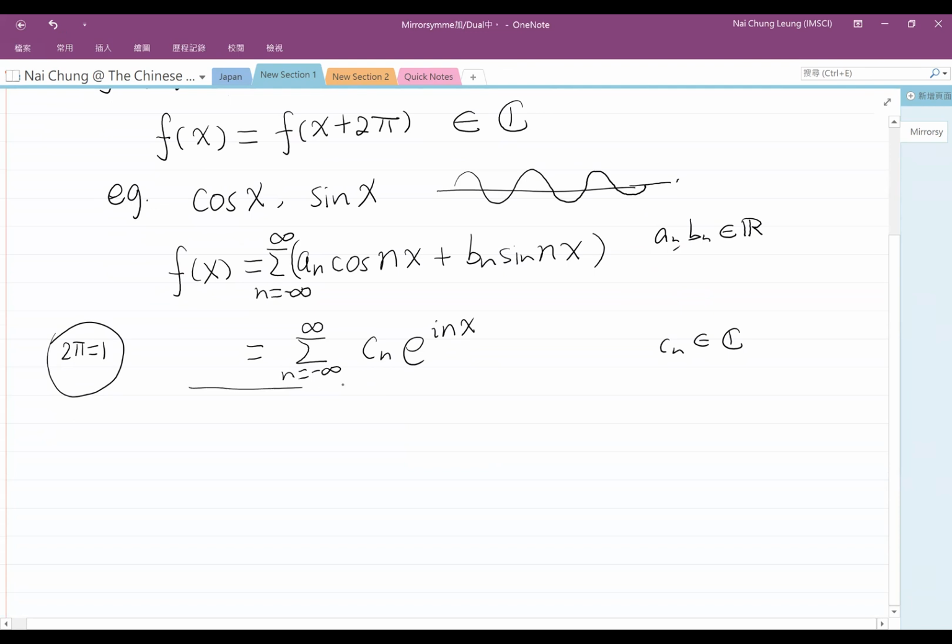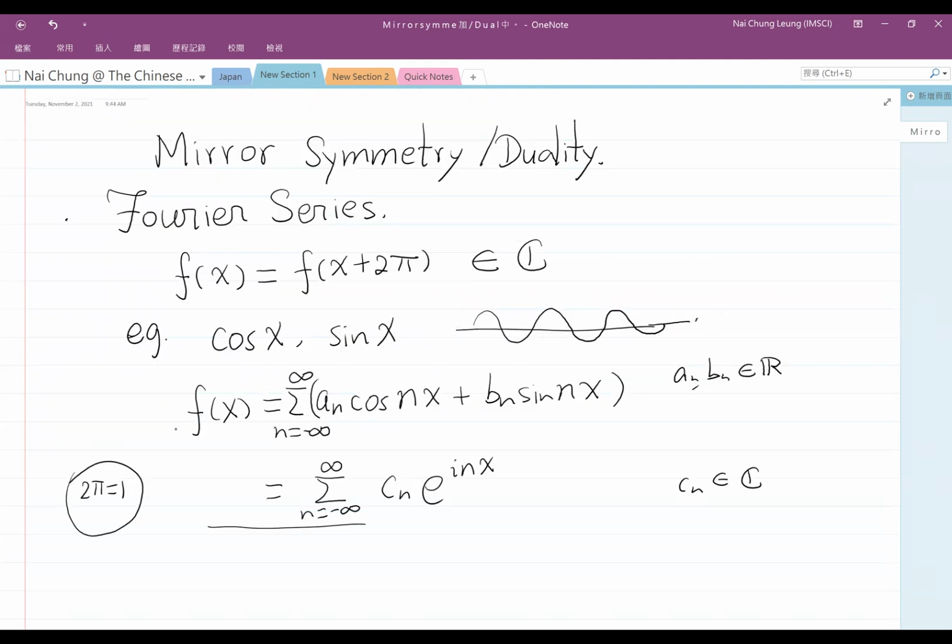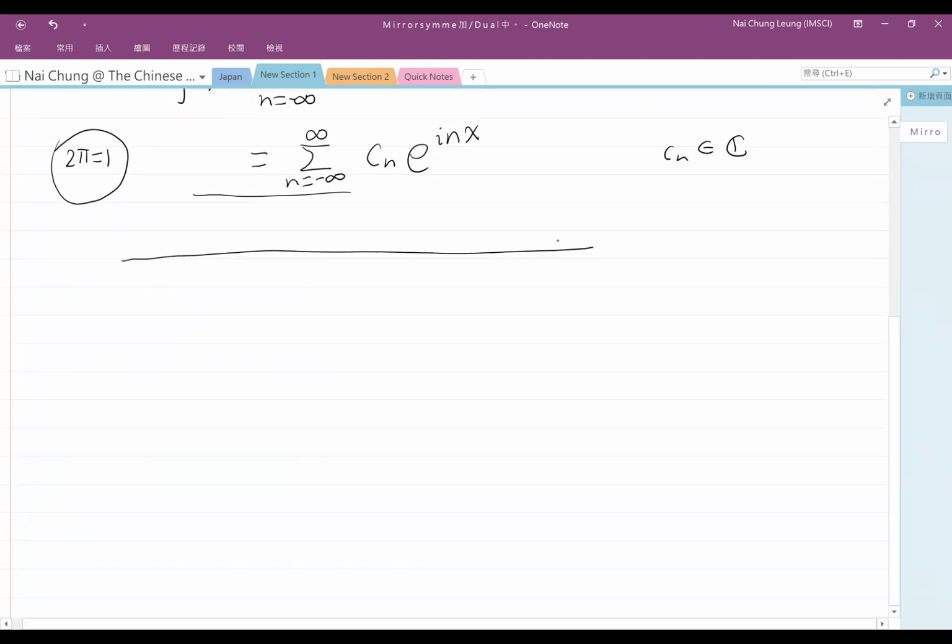So a function satisfies this property. What does this property mean? If you look at the real line, you can think about 0, 2 pi, 4 pi, and so on, minus 2 pi. The function takes the same value here, or here, or here. So you can in fact wrap this from 0 to 2 pi, and then wrap it back, and wrap it back again, and that becomes a circle of radius 1.